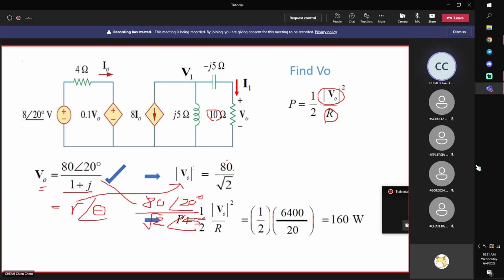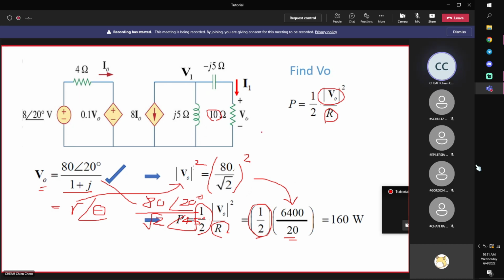So squaring this, we get 6400, divided by 2 times R, you get 20, and this half comes from the definition of the average power by using peak values. So it's equal to 160 watts.